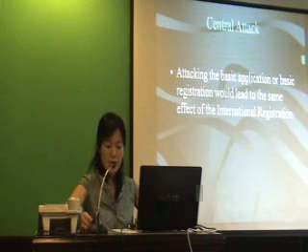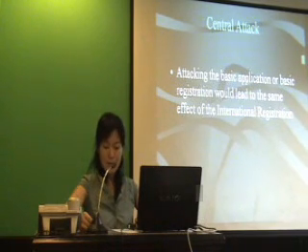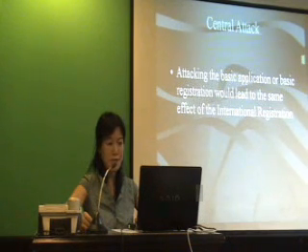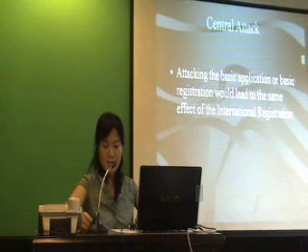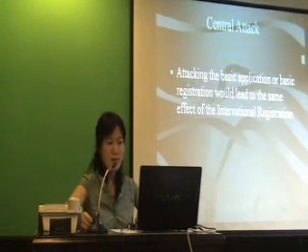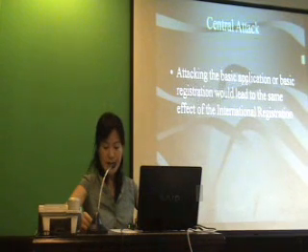If the basic application has been rejected as a whole, the international registration will have been totally refused. The process of attacking the basic application or basic registration for this purpose is generally known as central attack.